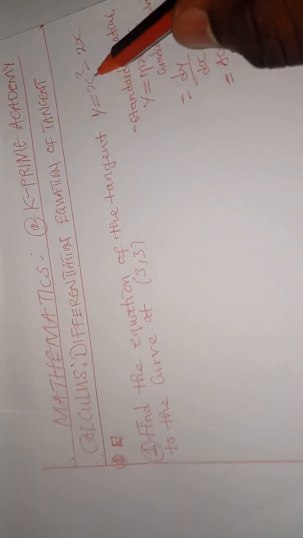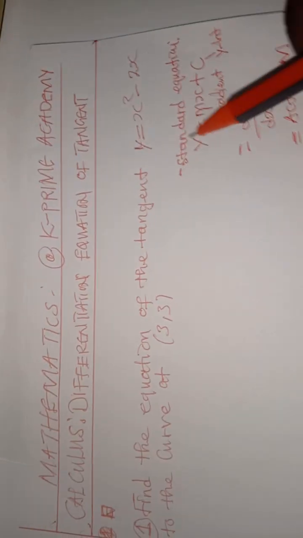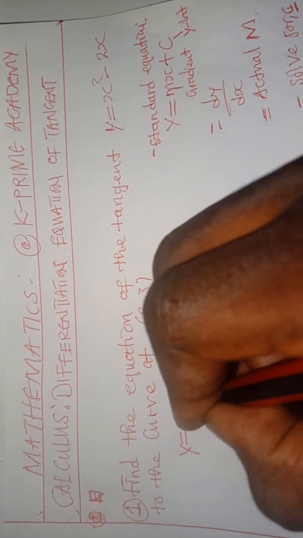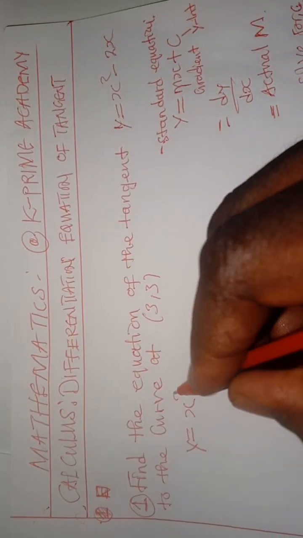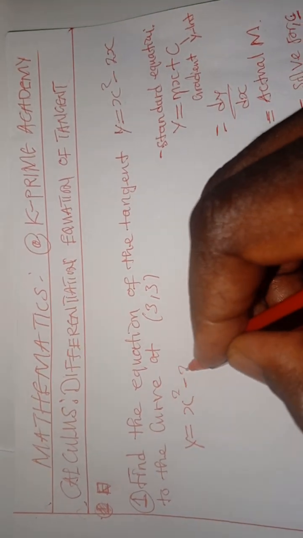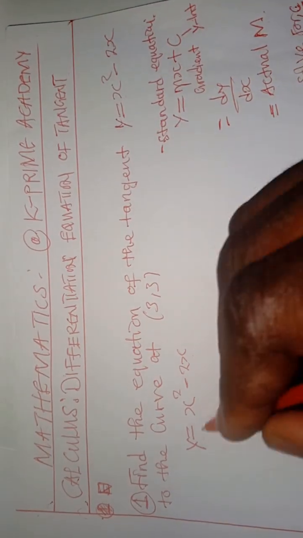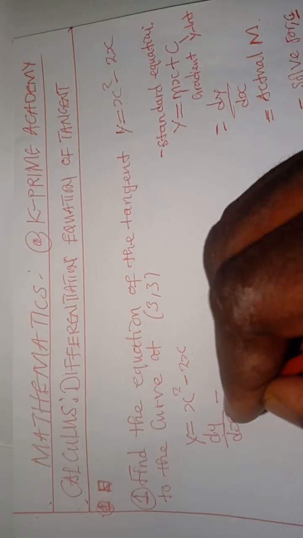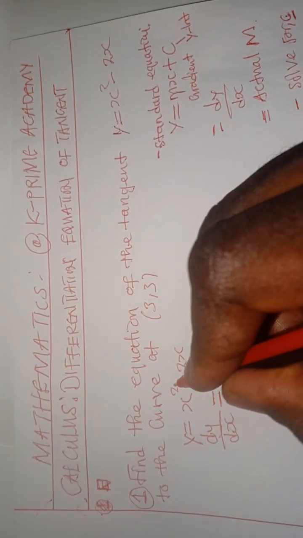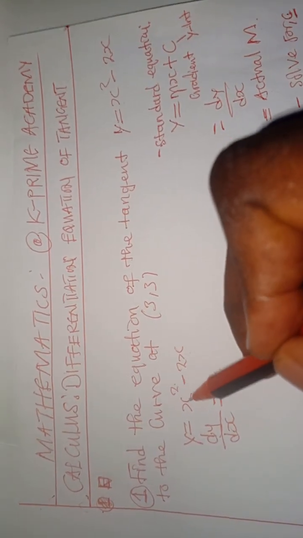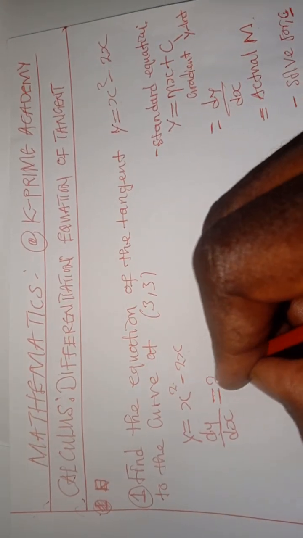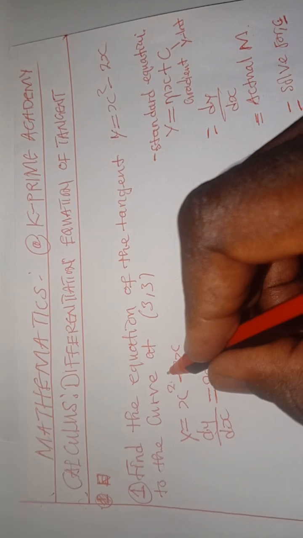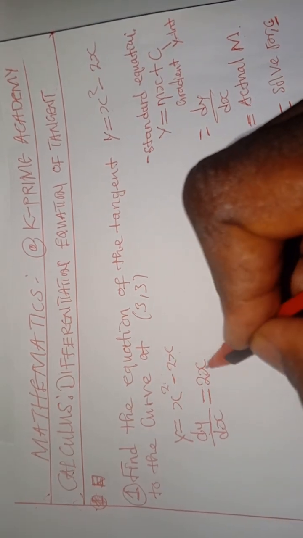So we are going to get our function, which is y equals to x to the power 2 minus 2x. The dy dx of this, that is what we did yesterday. We drop the power, which is 2, times x, which will give us 2x. 2 minus 1 on top will remain with x to the power 1.